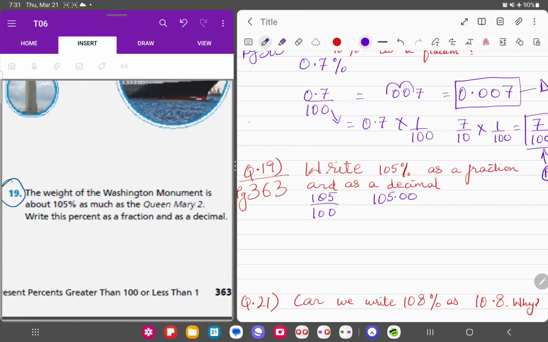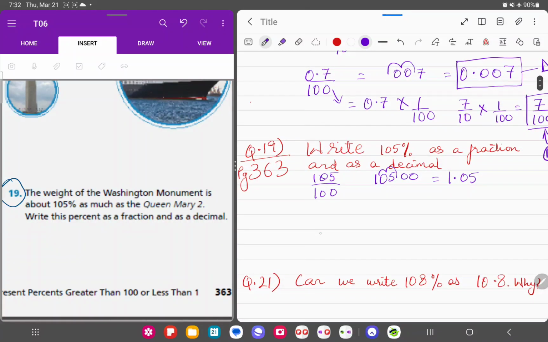But here I just explained to you why I want it to be written as 105.00, so that when I give the decimals 2 jumps to the left, no one has doubt, Mister, from where did you get the decimal on the left hand side? So what you will get here is 1.05 as your answer in decimals. And to convert it as fraction, now 105 over 100 is already a fraction form.